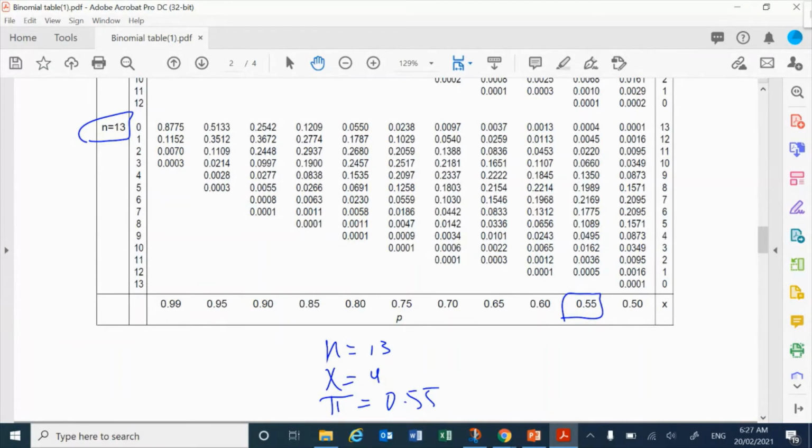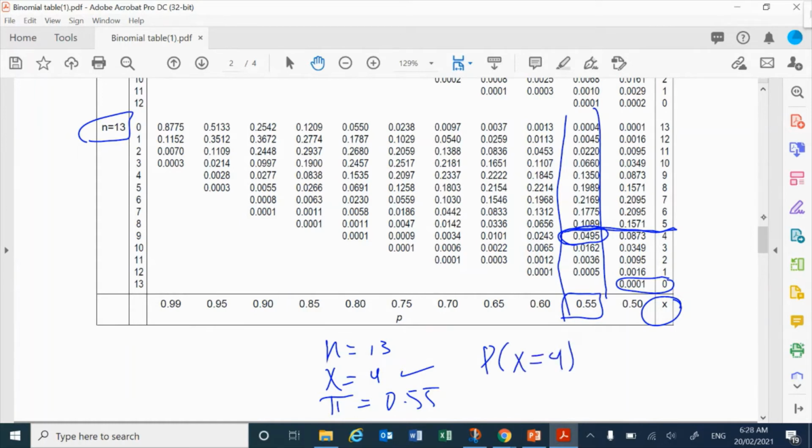When we're looking at the probabilities from the bottom, okay, your x is here. So we're looking at this one column here, and for x equals 4, this is 4 right here. See how I used this is 1, 2, 3, 4. So 4 is here. So the probability of x equals 4 when n is equal to 13 is equal to 0.0495.